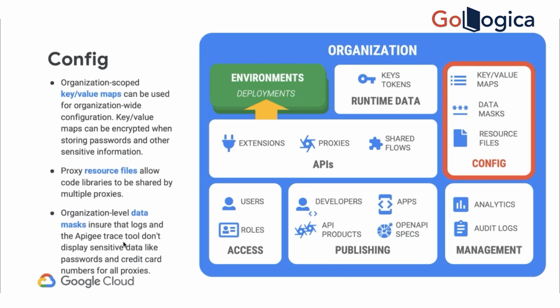Then there is configuration. On the organization level, for example, if you want to create a configuration that is not going to change for the whole organization, regardless of the environment. If you know that this configuration is going to be the same for every environment, so in your proxy the same value will be used, you can create a key value map on the organization level. On the org level, you can create key value maps, and then you can read those key value maps from your API and use those values.